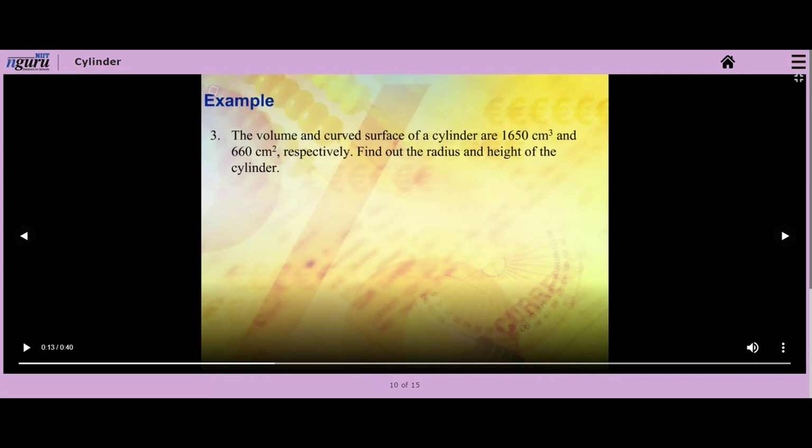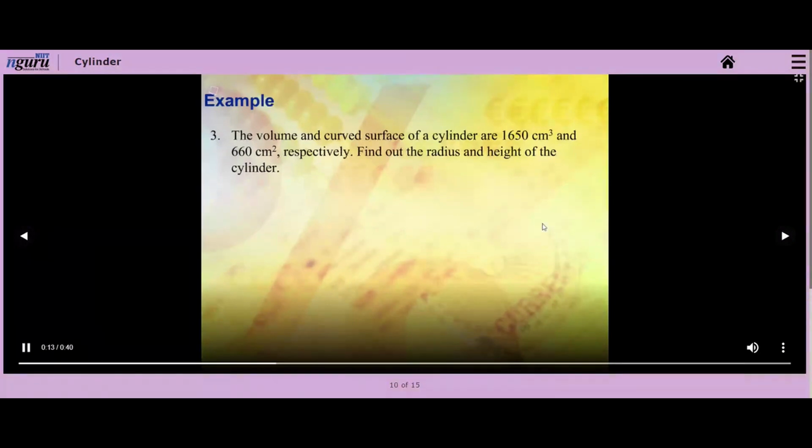What is the radius? Ma'am, 5. Correct. Height? Pi r h equal to 330. R you know, pi you know, h you find out. Ma'am, 21. 21 you got?